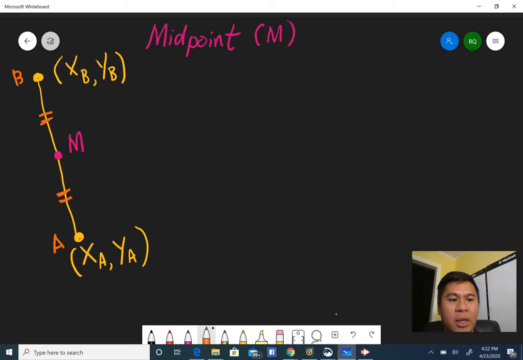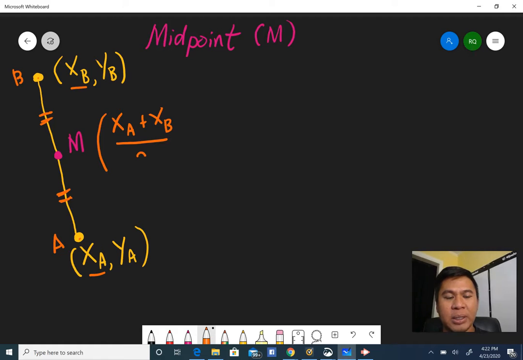With this being said, the formula for the midpoint M, according to XA and XB, the X coordinates for the two endpoints, is that the midpoint X coordinate will be the average of both X coordinate values. That will be XA plus XB all over 2.